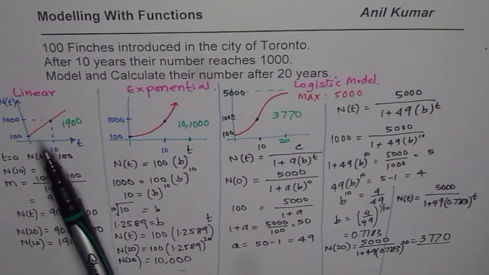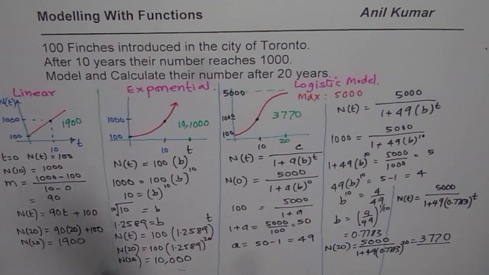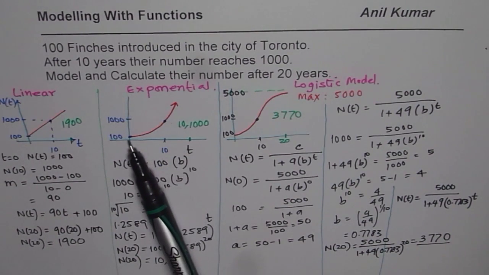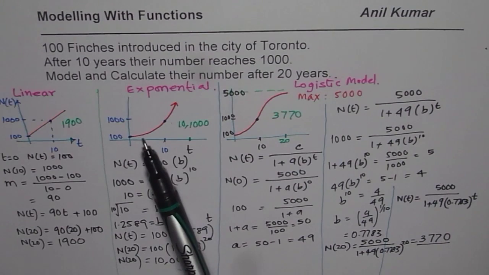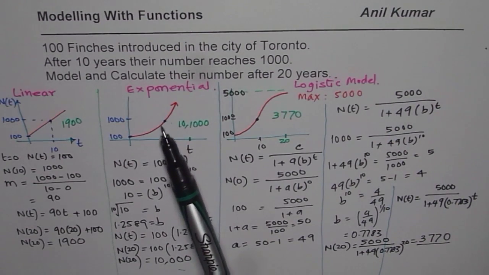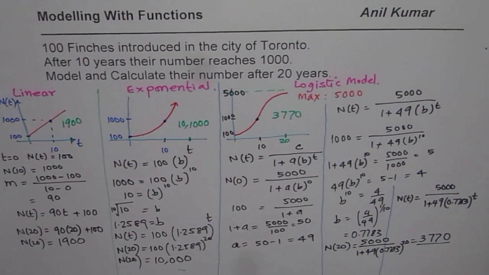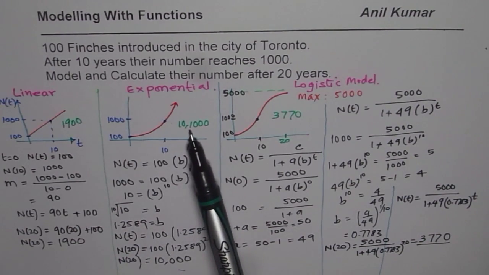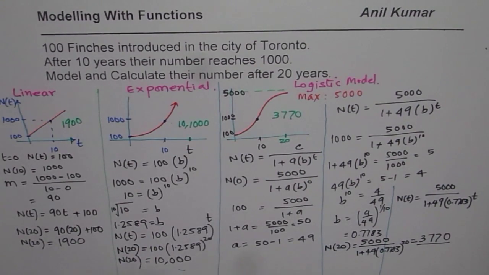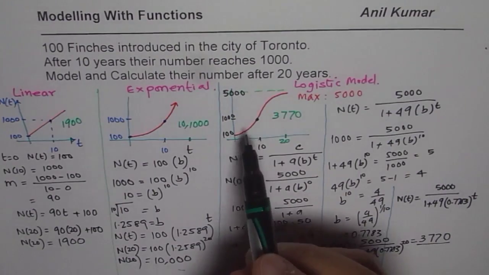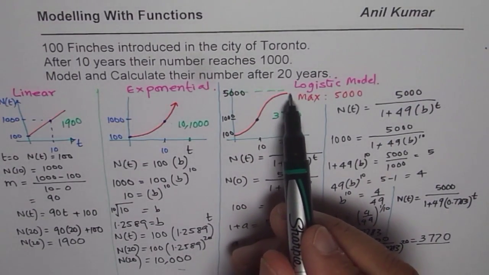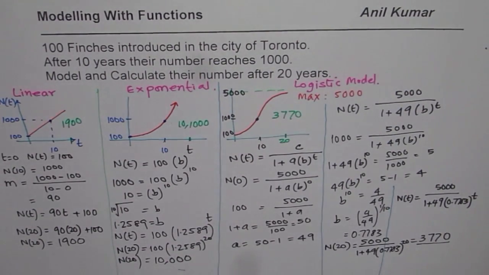As you can clearly see, this is a constant growth rate. Exponential means it moves slowly initially, then it rapidly increases and keeps going at a more and more rapid rate, therefore the number is so high. In this case, it is slow to begin with, picks up and then slows down, tapering to the maximum value. So that is our logistic model. Many times we apply that to natural situations as we have done here.